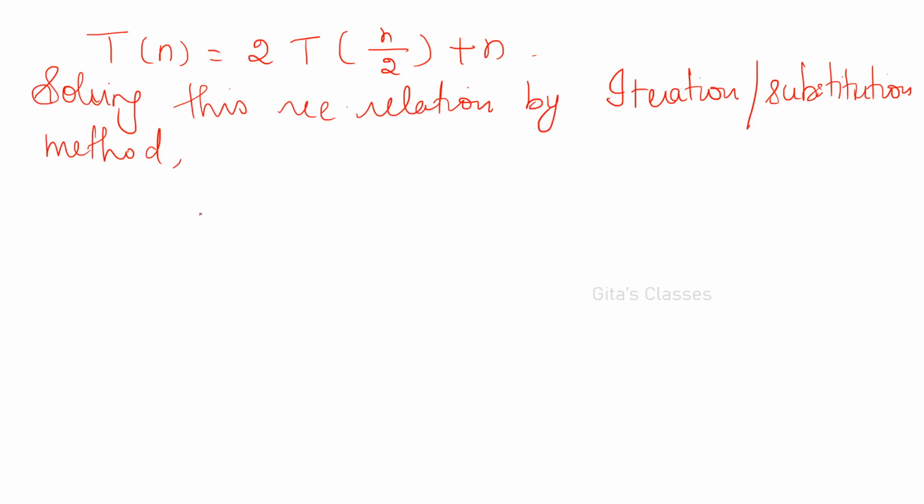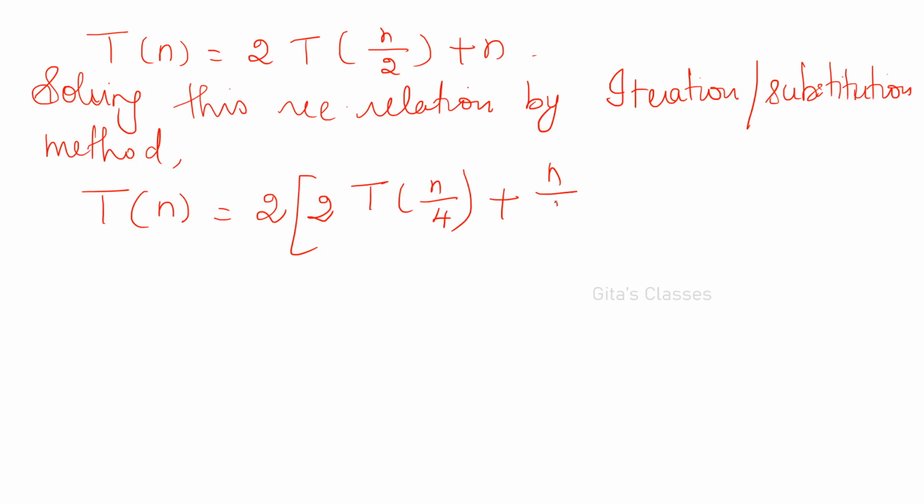You keep on substituting, right? So T of n is equal to 2 into T of n by 2. In the place of T of n by 2, you divide by 2 again, so T of n by 2 into 2, that is n by 4, plus n by 2 here, plus n.